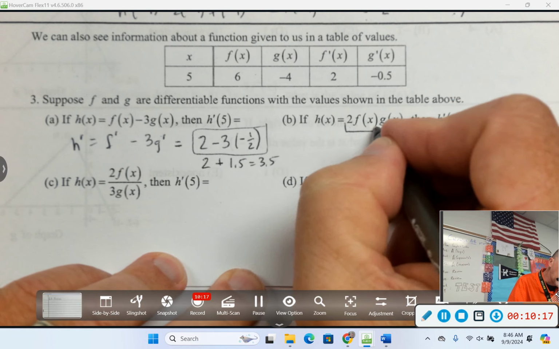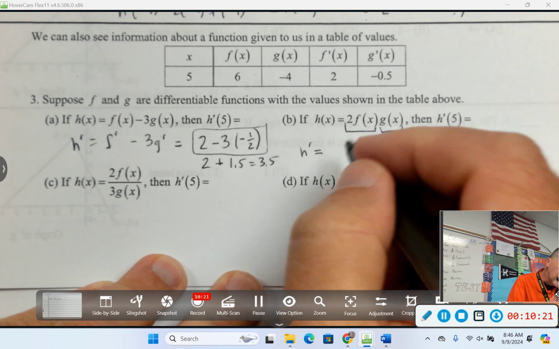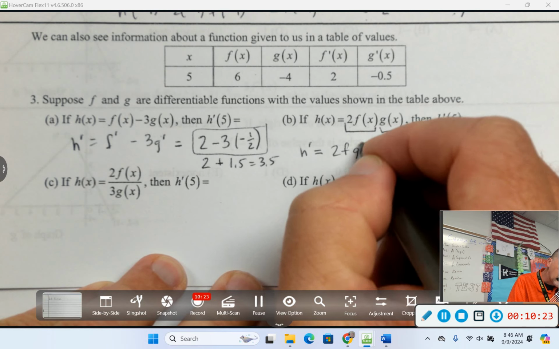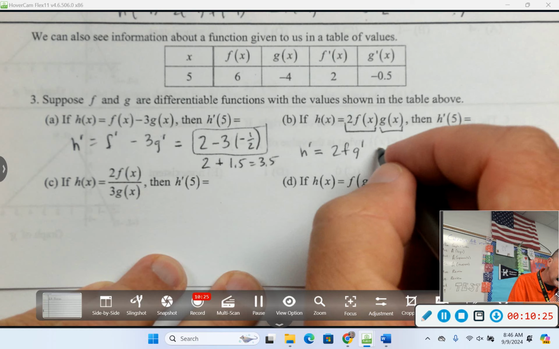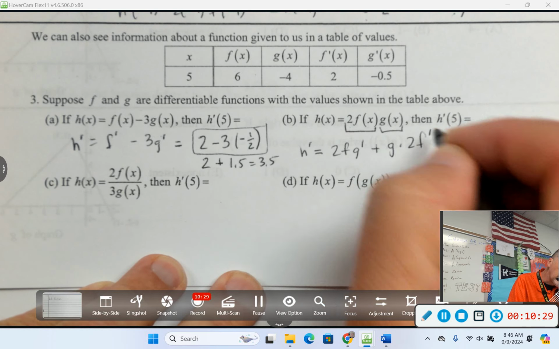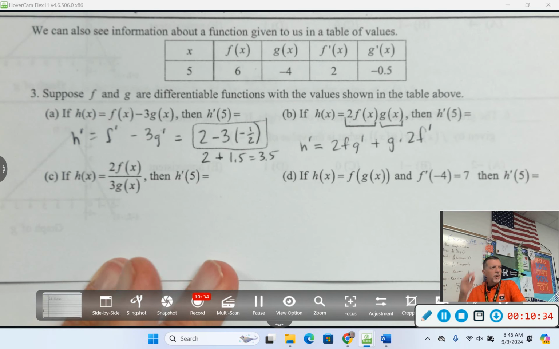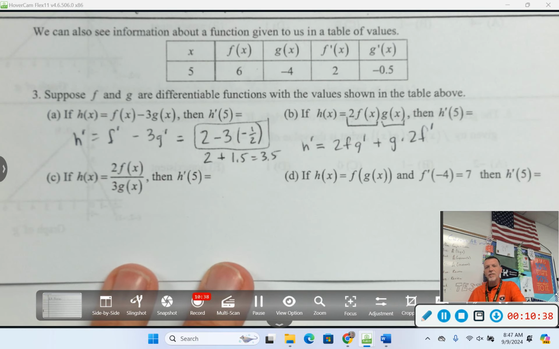I think I'm going to attach it to the F. It's not going to matter, but so first times derivative of the second plus second times derivative of the first. And I'm leaving off the parentheses of x's because it's not really necessary and it just gums things up.